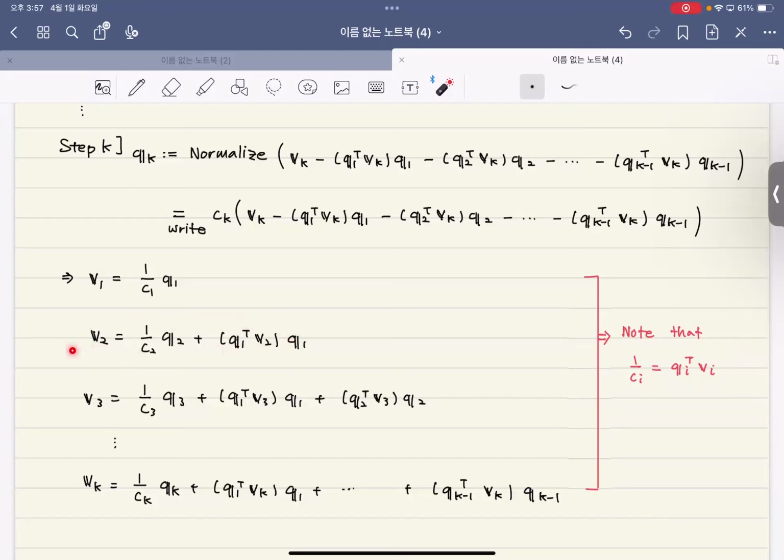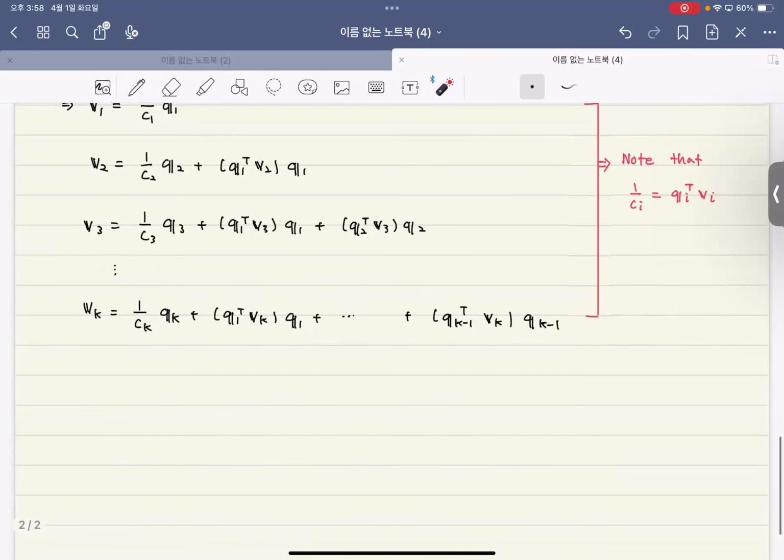Then this side is simply the inner product of Q2 and V2, where Q2 with itself gives 1 and the other term gives 0. So this is just 1 over C2. You can go on like this all the way to the last equation, and you can easily realize that 1 over Ci is just the inner product of the i-th orthonormal basis vector and the i-th vector Vi. Okay, I'm good.